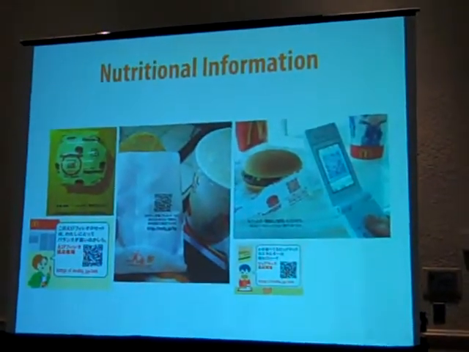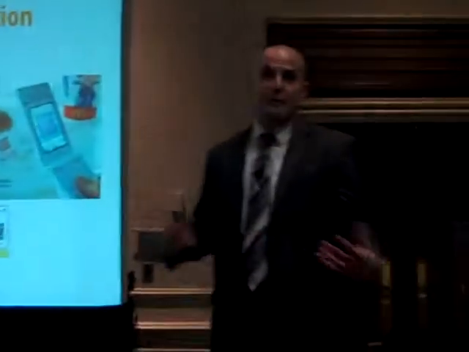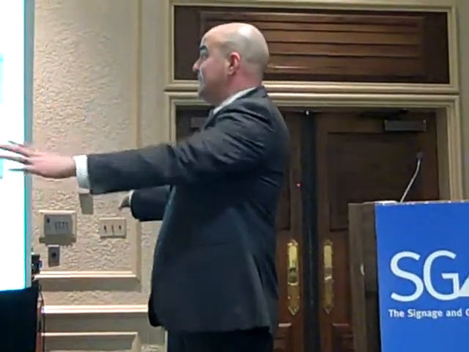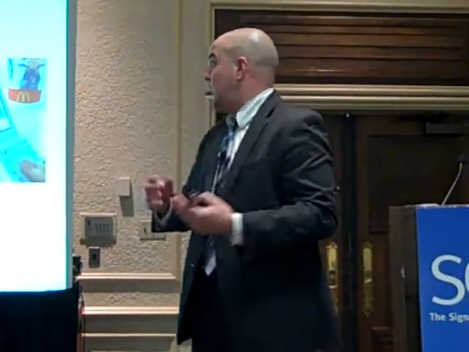I hate this one because when I eat at McDonald's, I don't want to be reminded of how bad it is for me. But this actually is from, I think, Japan, where QR codes have been huge for a while. Nutritional information. So for restaurants, if you think about it, you could put a couple QR codes that show the nutritional information of some things.